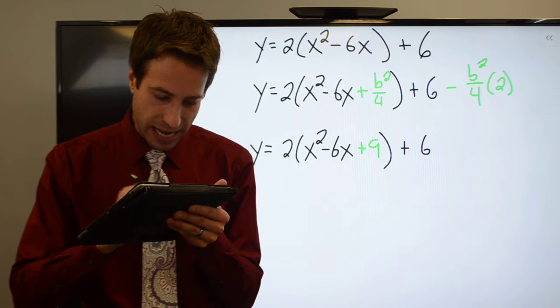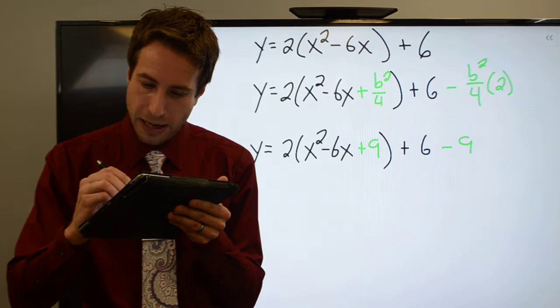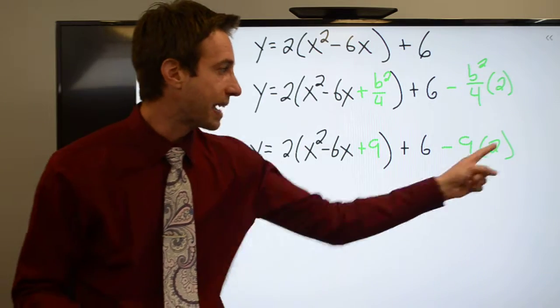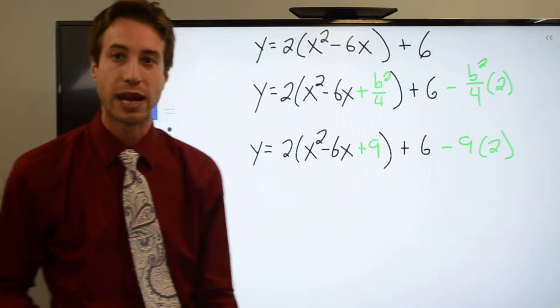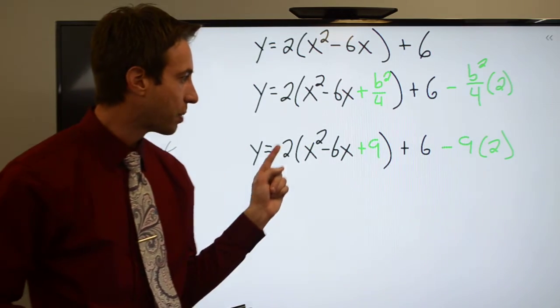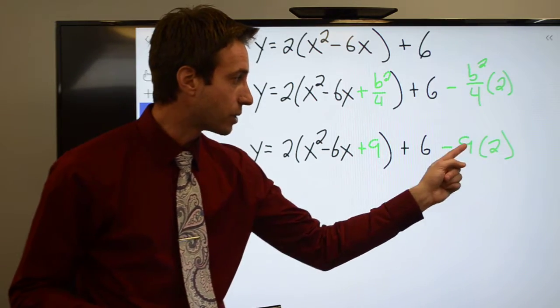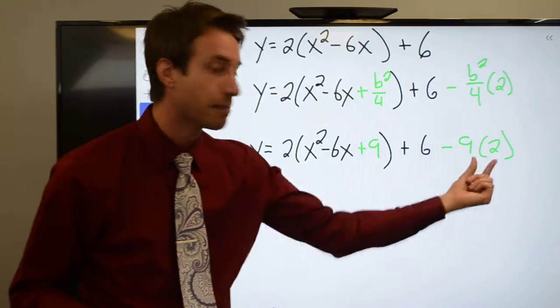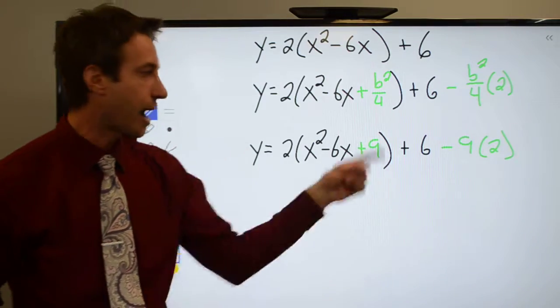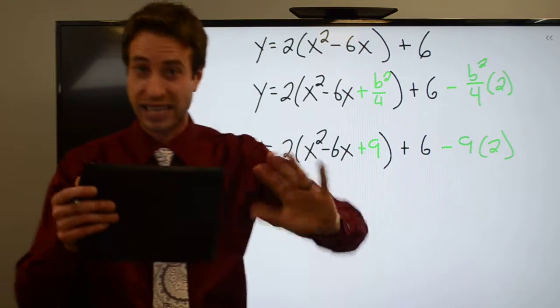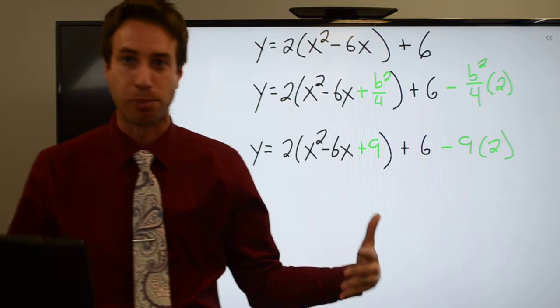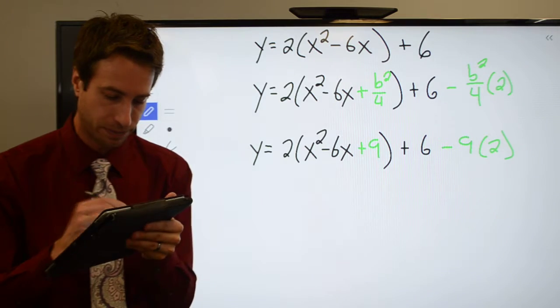On the outside, I will subtract 9, but I'm going to multiply that 9 by 2 to put back the 2 that I pulled out. Again, if I multiply this 2 in here, I'd wind up with a plus 18. On the outside, 2 times 9 is a minus 18. Plus 18, minus 18, cancel each other out. I get right back to where I started. That's how I know the algebra has worked out. I haven't broken any rules in algebra.